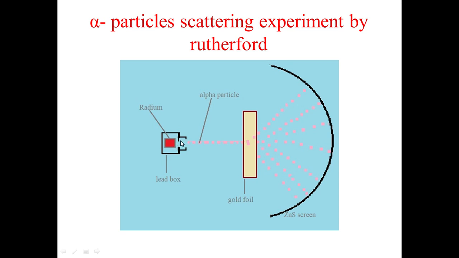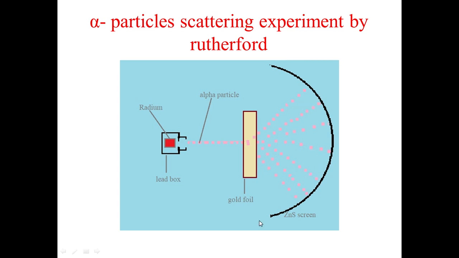By making a small slit, we direct these radioactive waves to a very thin, approximately 200 nanometer thick gold foil. This beam contains alpha particles, which are doubly ionized helium atoms, that strike the gold foil, and we made some observations. You can see here that the alpha particles get deflected in various directions, and their angle can be measured by polarimetry.